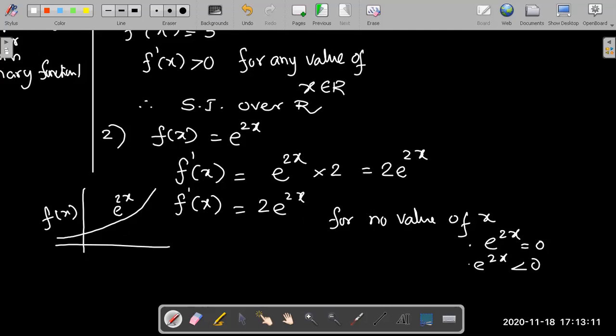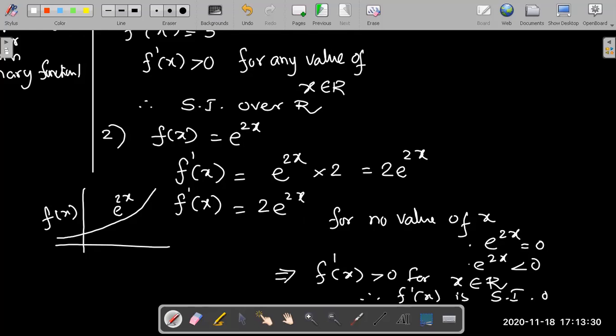Whatever value of x you give, it's always above the x-axis. So that implies f dash x is greater than 0 for x belonging to R. Therefore, f of x is strictly increasing over R.